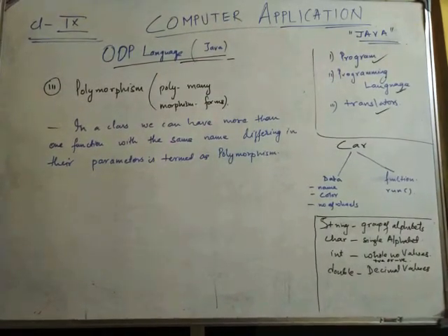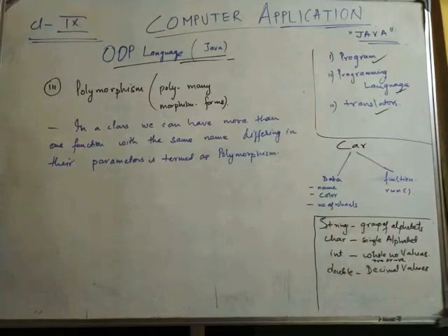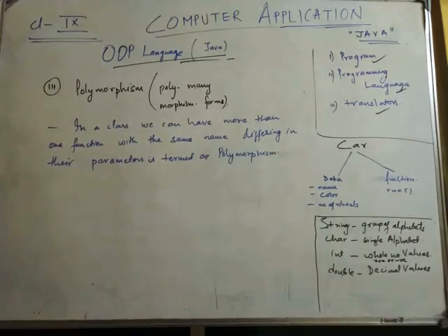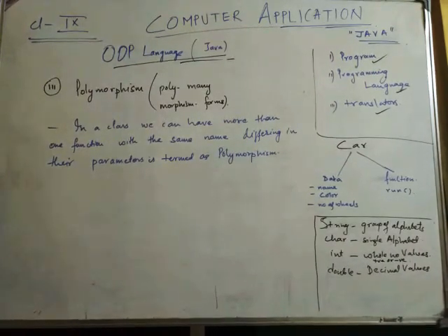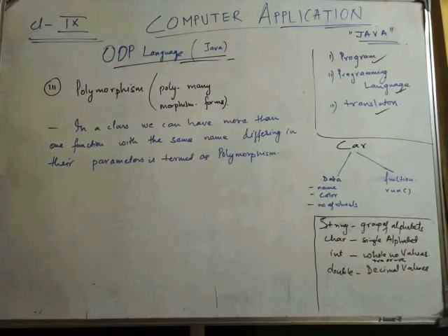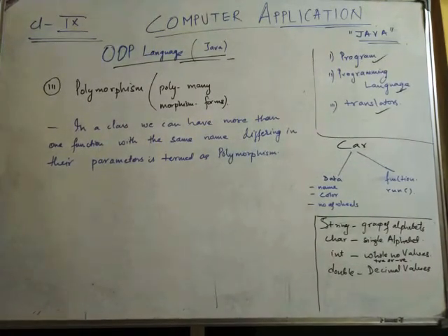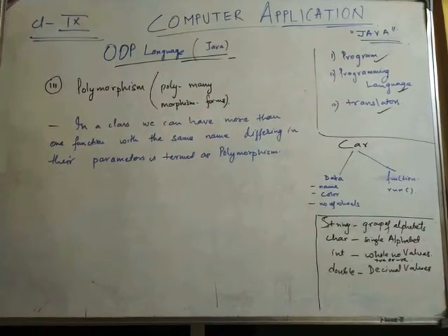We have learned about class and function; I just showed you in the last example. So if in a class we have more than one function with the same name differing in the parameters, it is termed as polymorphism.